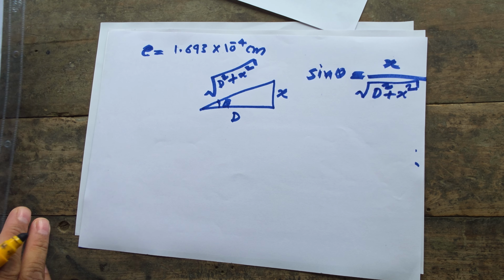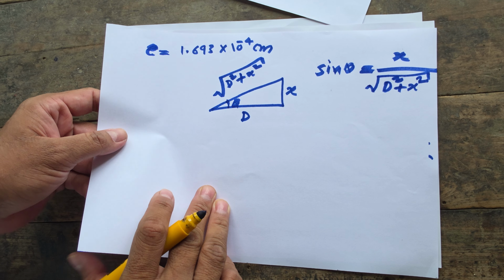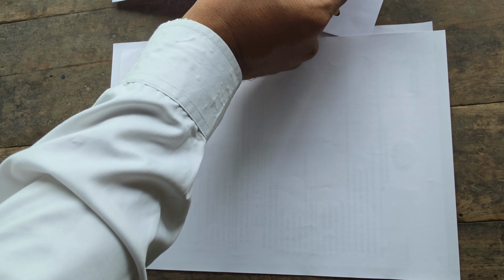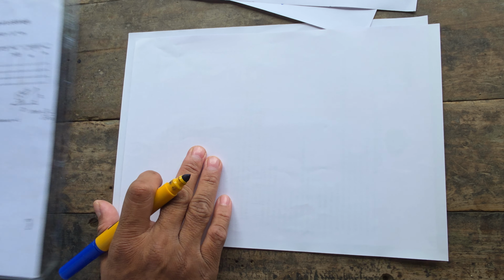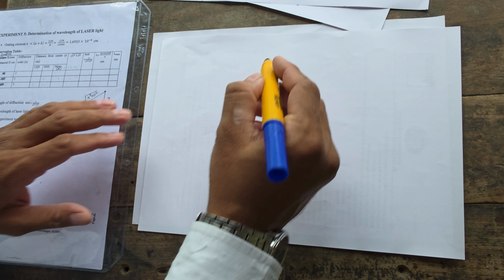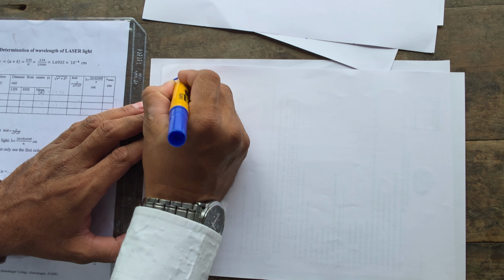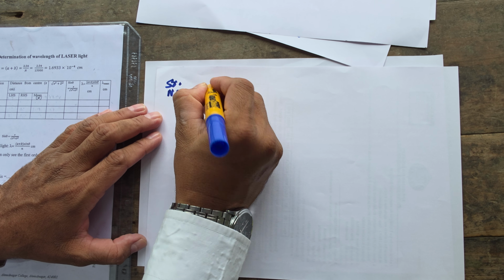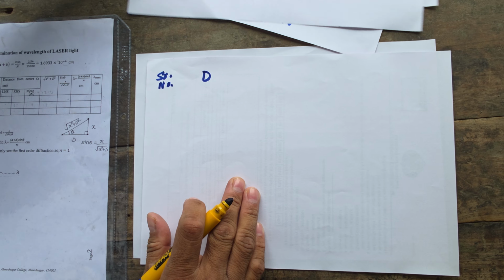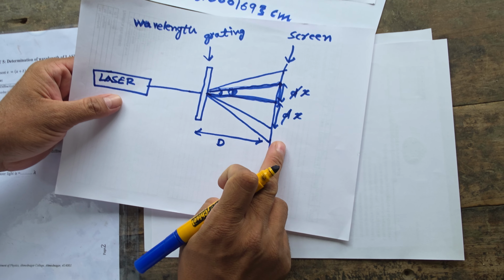Okay, so we will make a table here, and with the help of that table we will measure these distances. I will show you one reading for this. So I will write down here the observation table. We have here serial number, then we have D. Now remember, D is the distance between this grating and the screen.